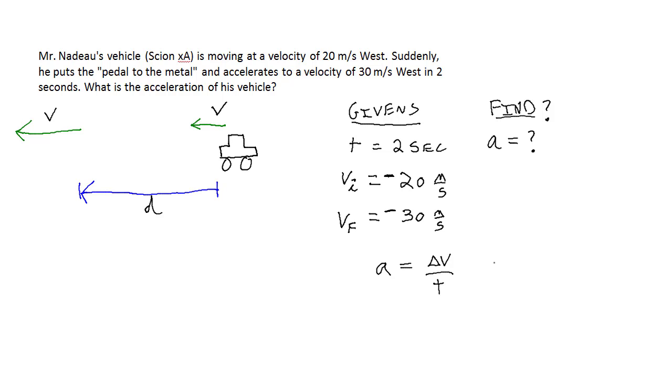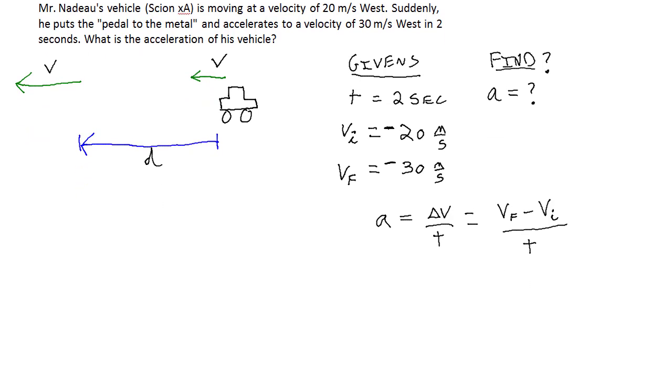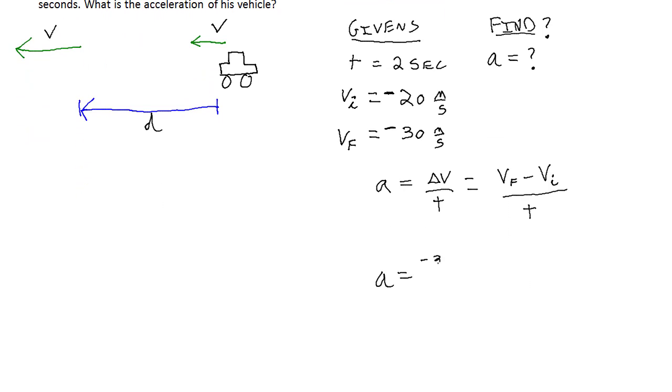And why don't we expand out that delta V, that change in V? Okay, now we're ready to plug in our information. And remember, when we plug in our information, the Regents requires us to substitute our numbers in with units to get full credit on the constructed response of the Regents exam.